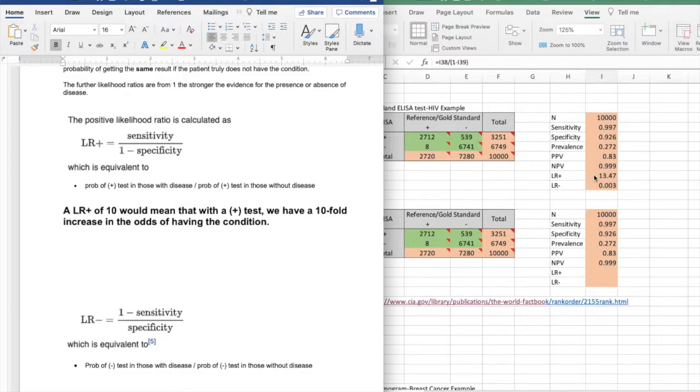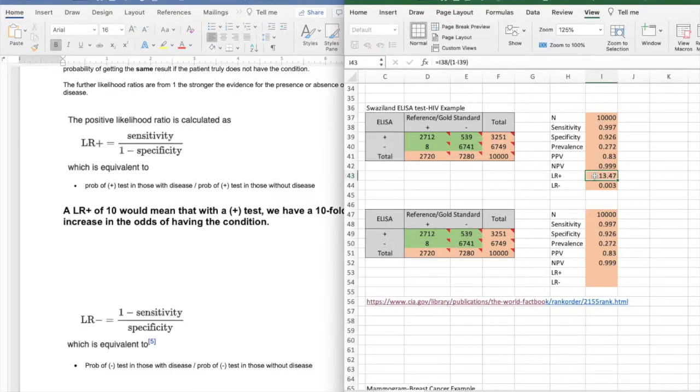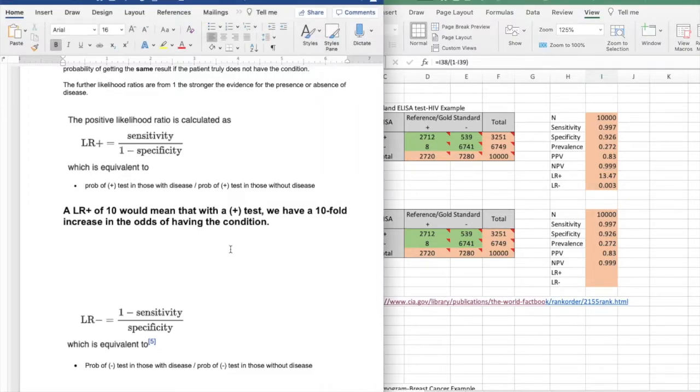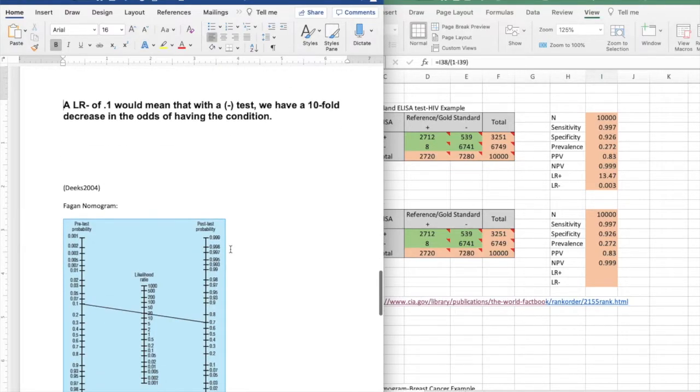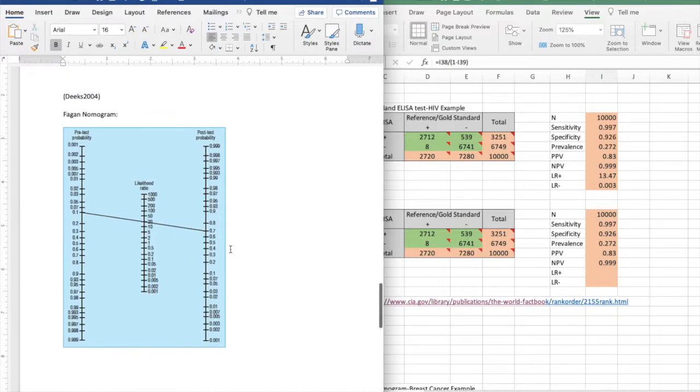Then this would just be 13-fold of something really small that would end up still being small. So how do you figure out what your starting point was and what your ending point was? A likelihood ratio kind of gets you there. And we do that through what's called a nomogram.